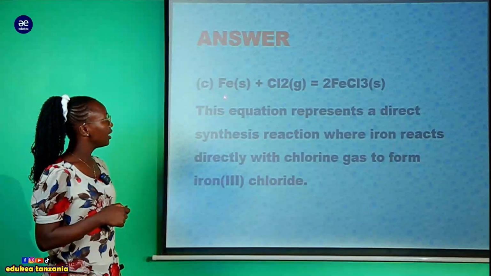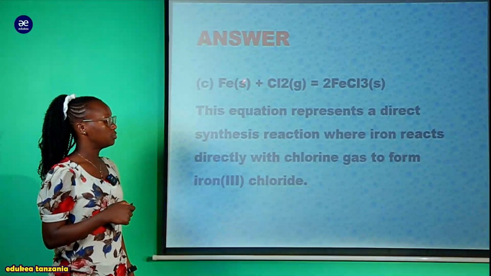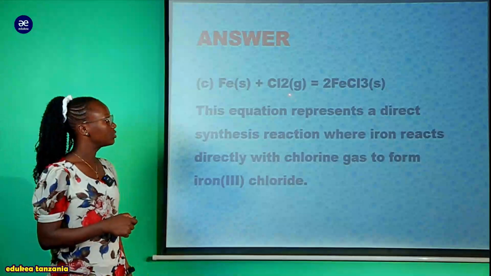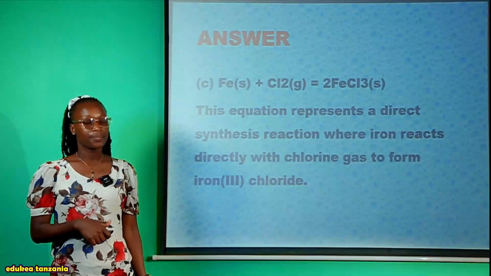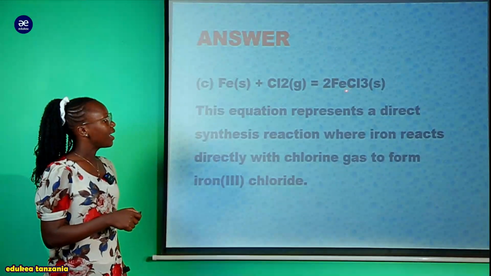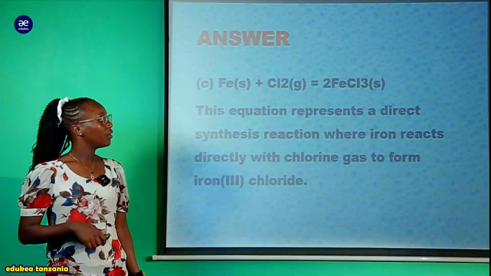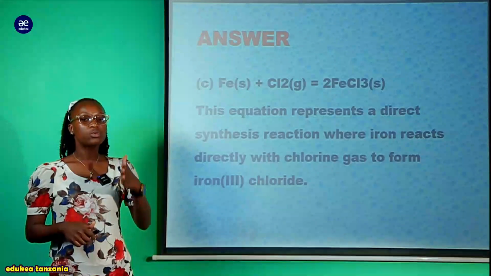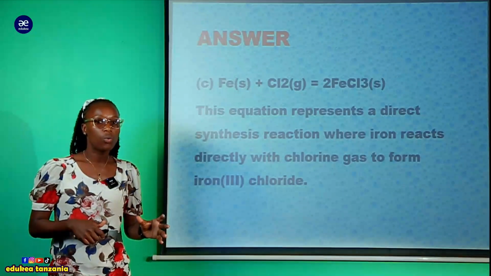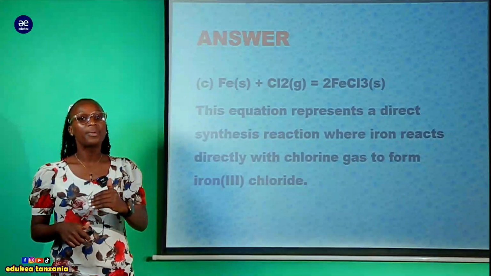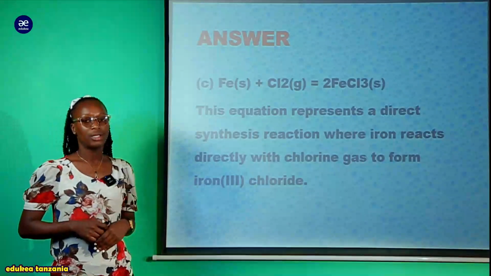As you see here, this is our iron metal, which is solid. It reacts with chlorine gas, and we get iron chloride. So this reaction involves a metal with chlorine gas, or diatomic chlorine.